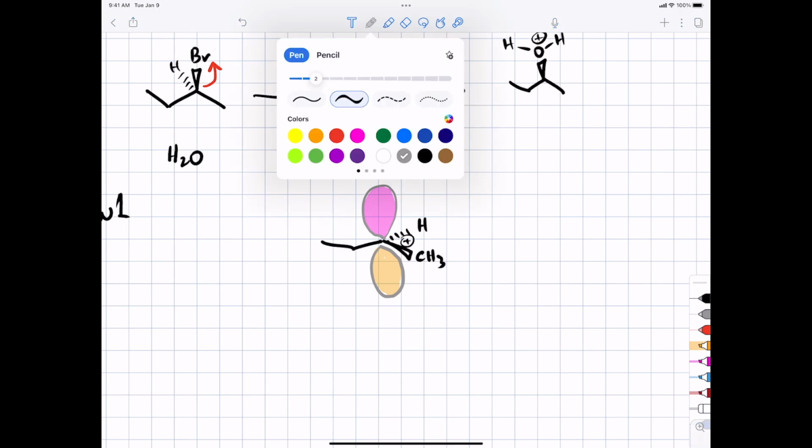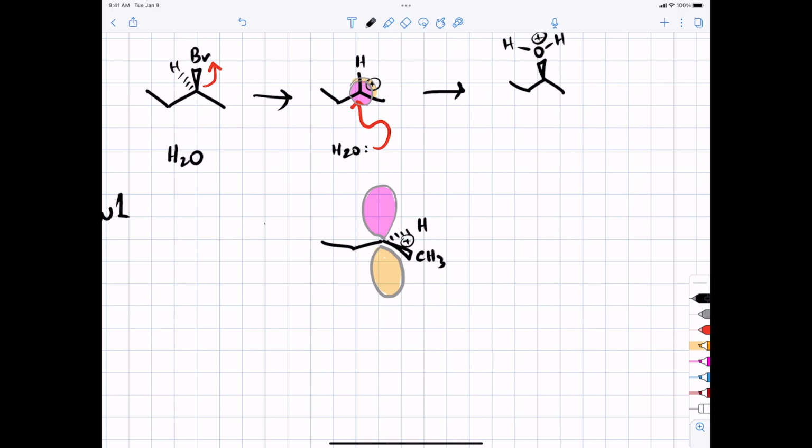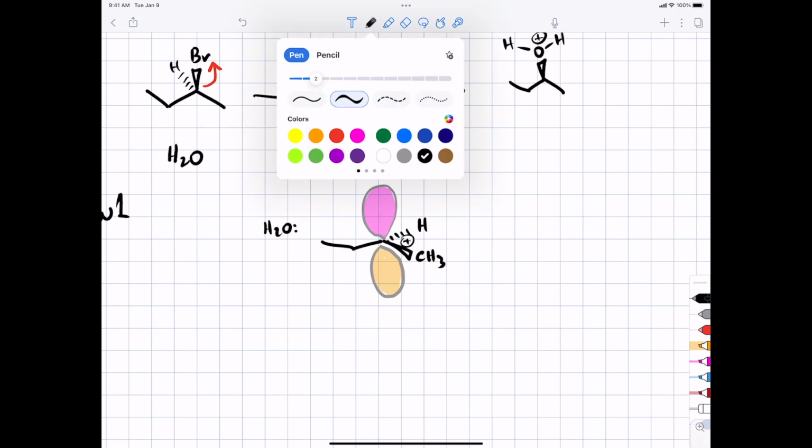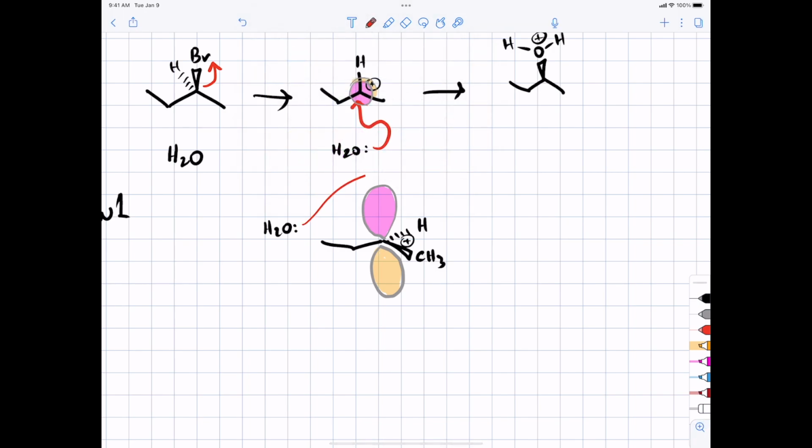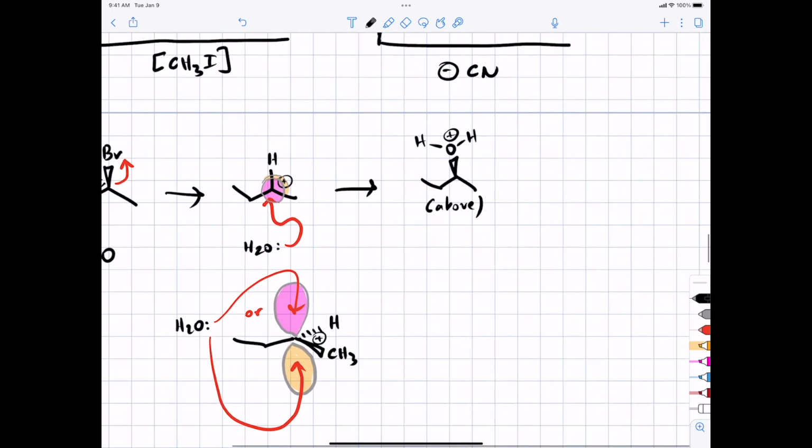The yellow one, the pink one, well, both are options, right? And this intermediate is flat. So the faces of that intermediate are identical. So they both have to be attacked at similar rates. So we can attack from above or below. If we attack from above, we get this product. If we attack from below, we get this one.